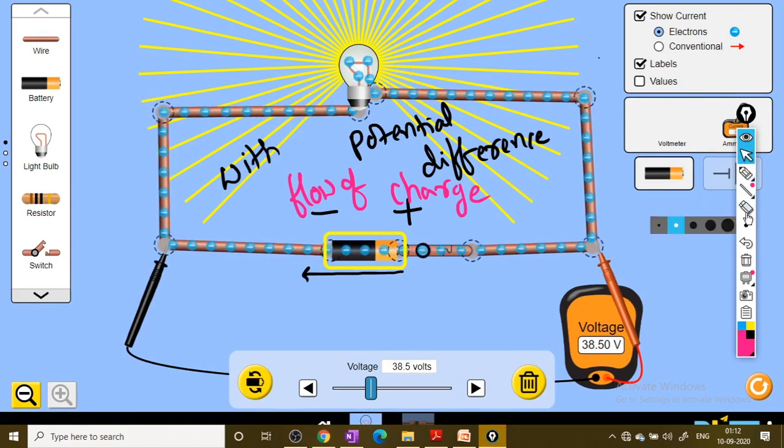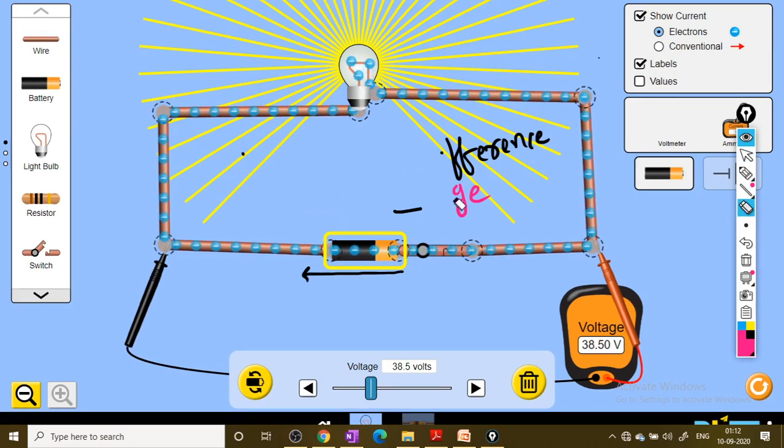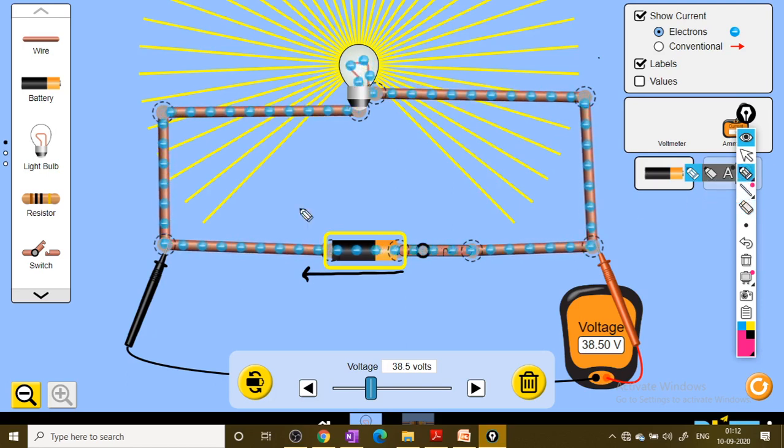According to the definition of potential difference, it is the work done per charge. We can represent potential difference with a symbol V. Its formula is work done per charge.